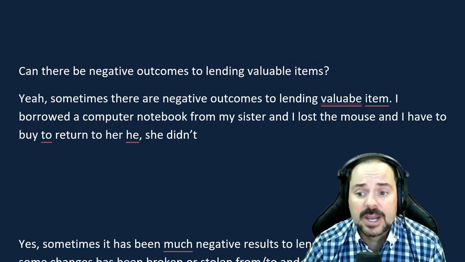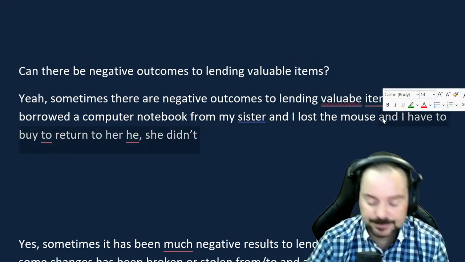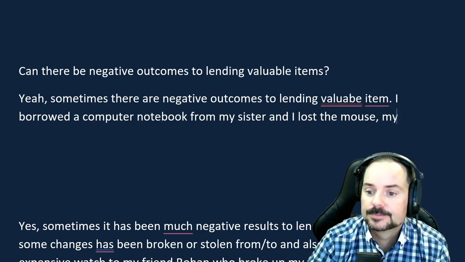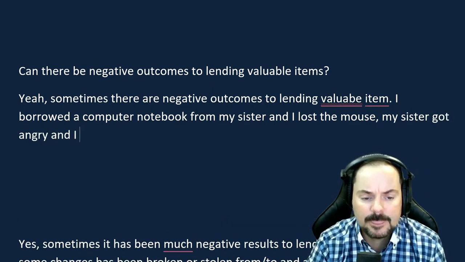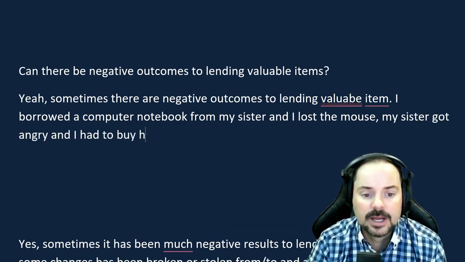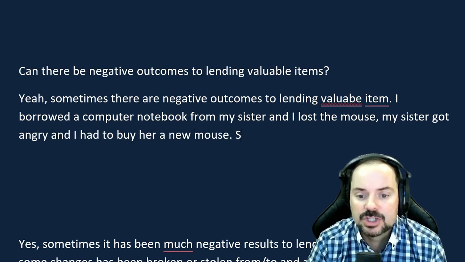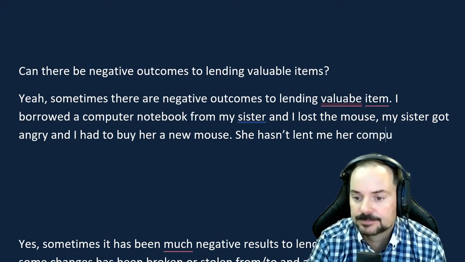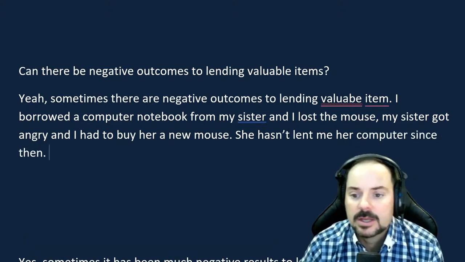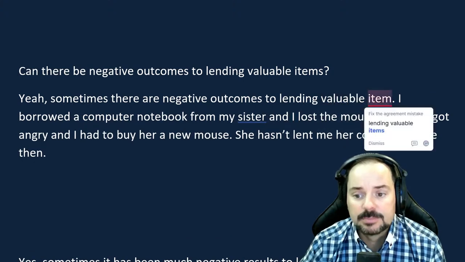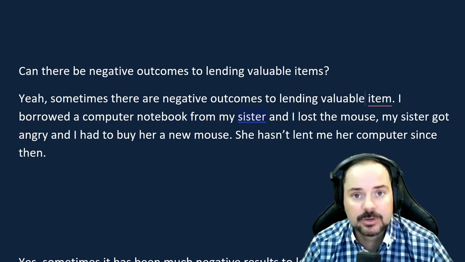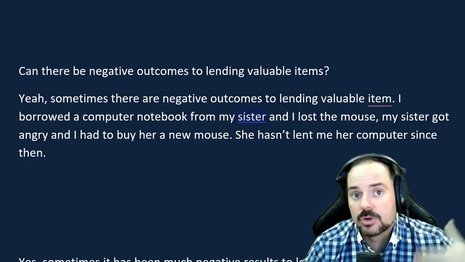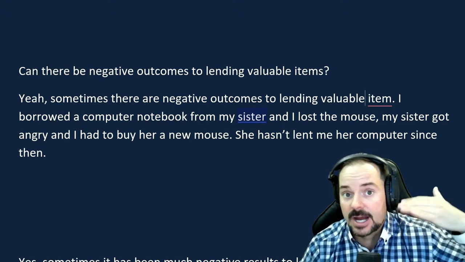My sister got angry and I had to buy her a new mouse. She hasn't lent me her computer since then. Okay, so simplify your thoughts, simplify your grammar, use the full question to start your answer so that you're accurate, at least in the beginning. Okay, as long as you have good accuracy in the beginning, you might be able to get a higher score.